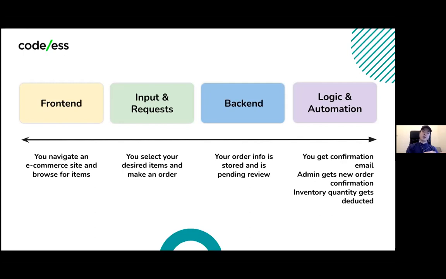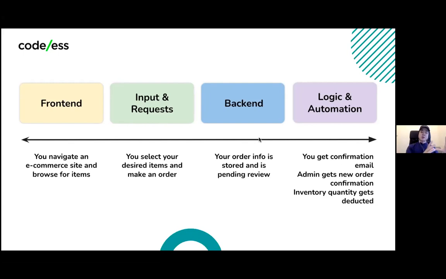When you buy, let's say the website has 10 plates available and you make a purchase, now there are only 9 plates available. This is completely automated, right? When you make a purchase at 3 a.m., the admin is not going to sit up at 3 a.m. to send you a confirmation email. Everything is automated, and this is how logic and automation will make up your entire application, right?